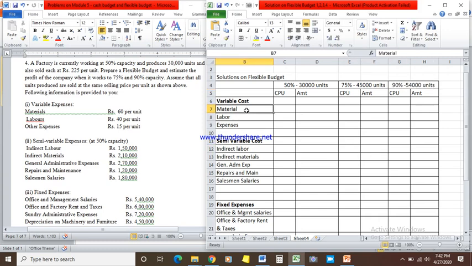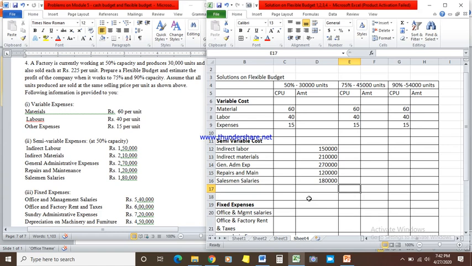Now let's put up the information. Material per unit is 60, then labor is 40, 15. So this material per unit is going to remain the same for all the levels. Now when it comes to labor, the values given are 1,50,000, 2,10,000, 2,70,000, repair and maintenance 1,20,000, finally 1,80,000.